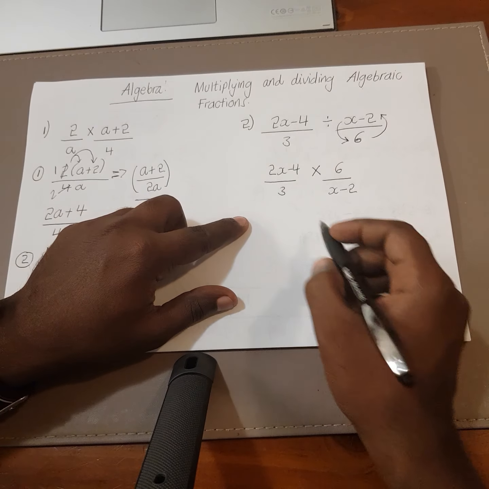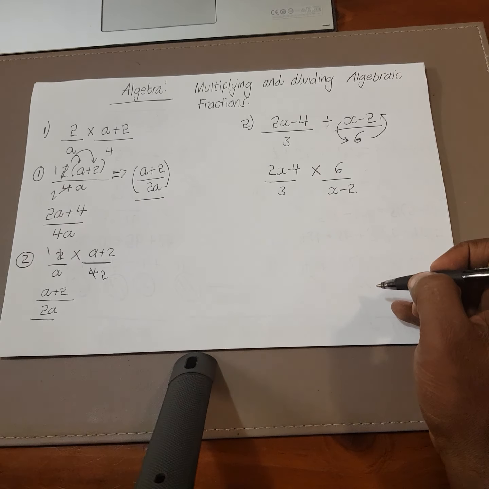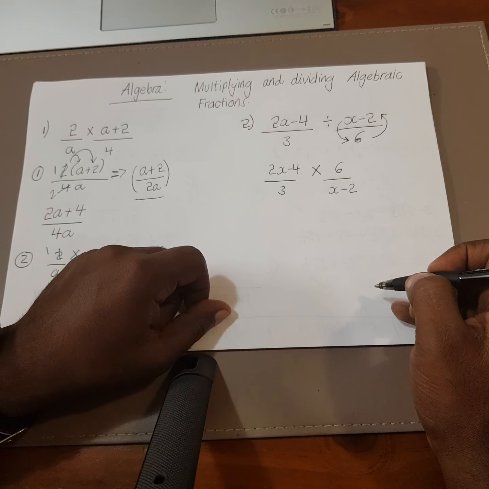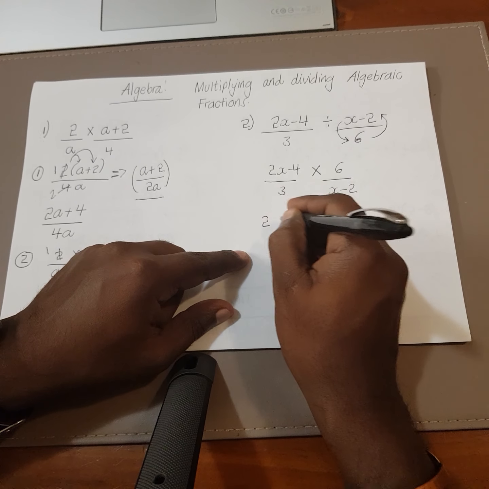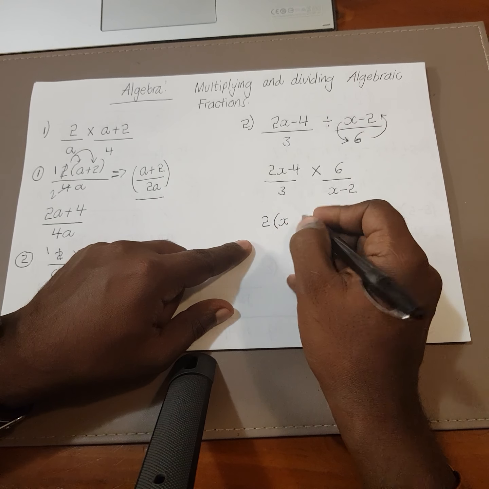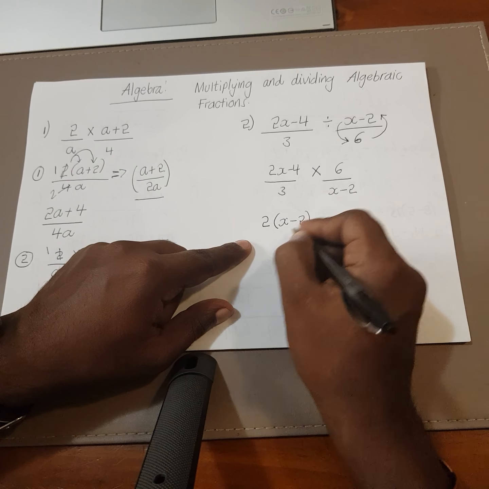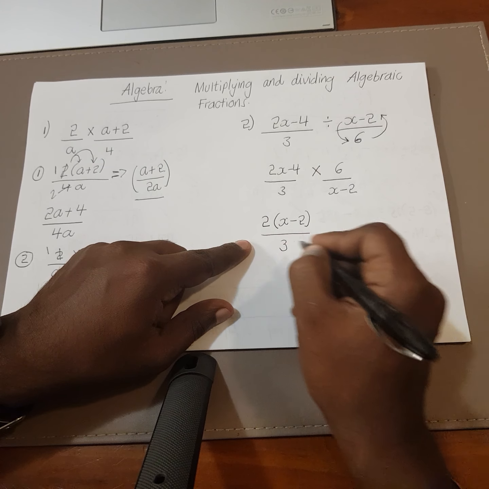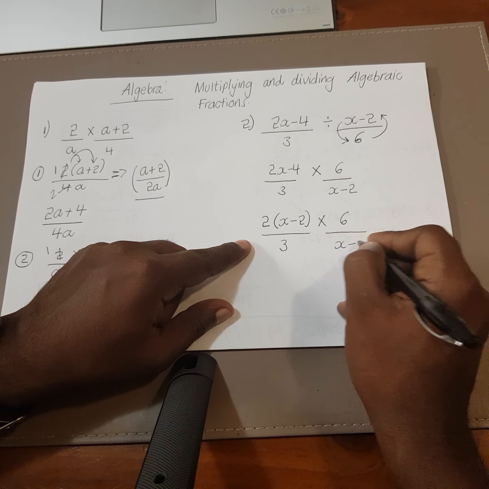So between 2x and negative 4, the number that could be divisible between 2x and minus 4 is 2. And then you open the brackets, 2x divided by 2 is x, and 4 divided by 2 is 2. And that now becomes over 3 times 6 over x minus 2.